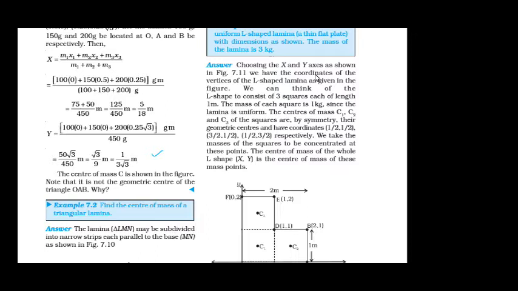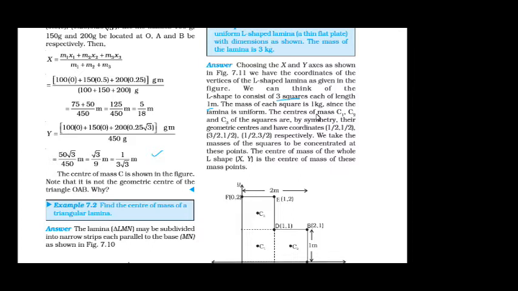Choosing the x and y axes as shown in figure 7.11, we have the coordinates of the vertices of the L-shaped lamina as given in the figure. We can think of the L shape as consisting of 3 squares, each of length 1 meter. The mass of each square is 1 kg.